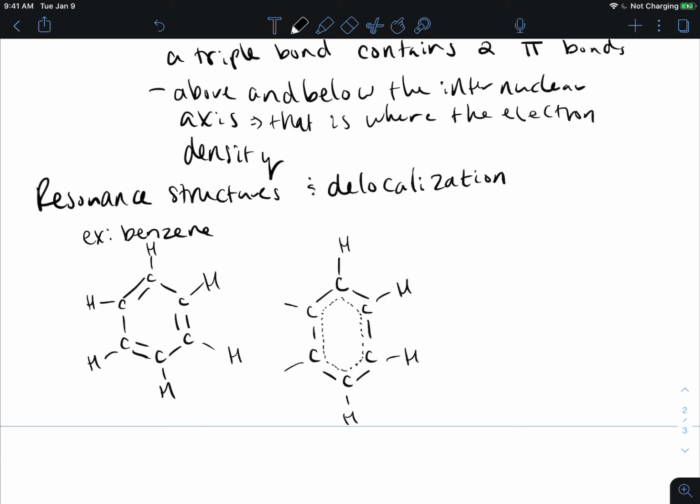So in order for this to occur, we have to have overlap between our pi orbitals, or pi bonds. We have to have our p orbitals overlapping each other.